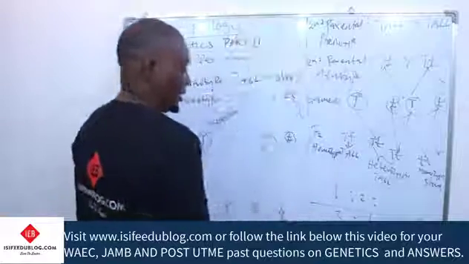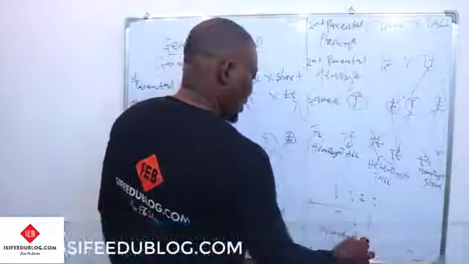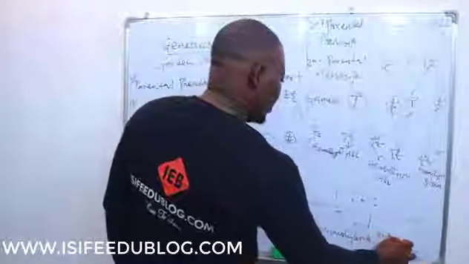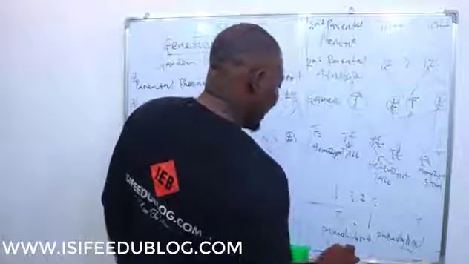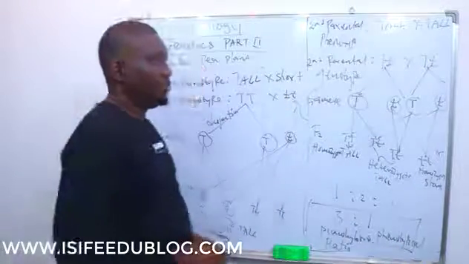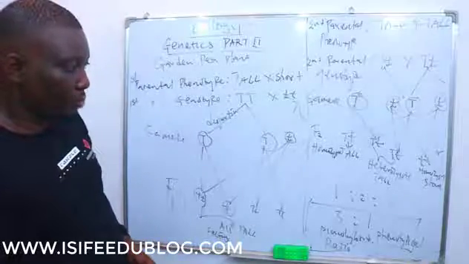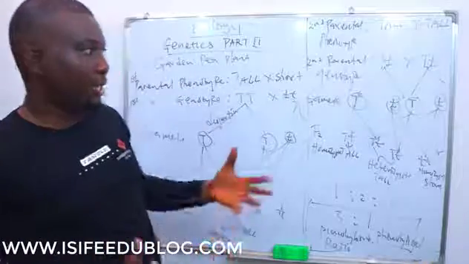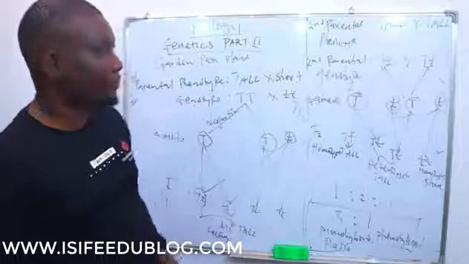In genetics, this is what we call the monohybrid phenotypical ratio. Anytime we cross a monohybrid inheritance, the ratio of the offspring, if they were heterozygote pairs that mate, is 3:1.